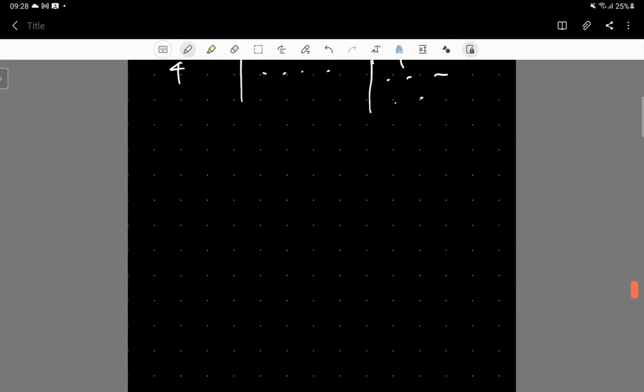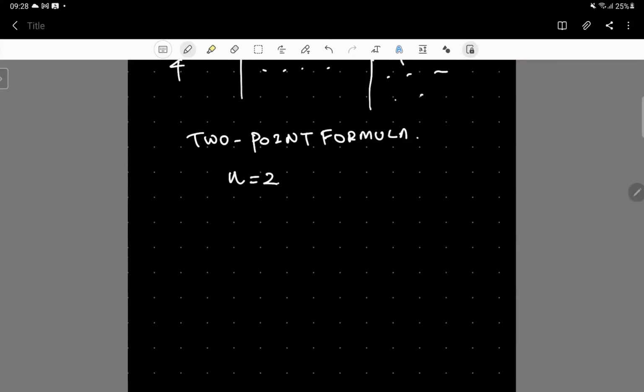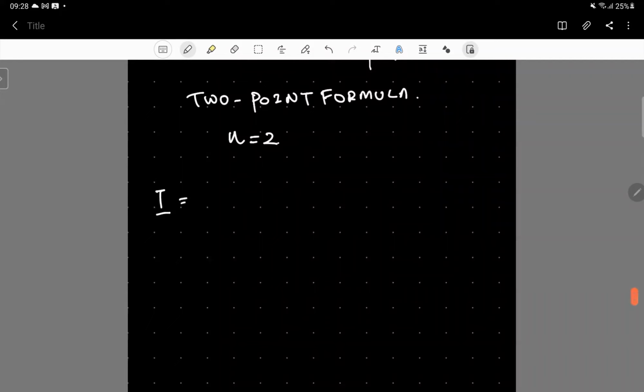So if we consider the 2-point Gaussian quadrature method, where n is equal to 2, we can write down the integral which we'd like to evaluate, which is y times dx, evaluated from -1 to +1. Since we have 2 points, we have to evaluate the function at 2 points, y1 and y2.